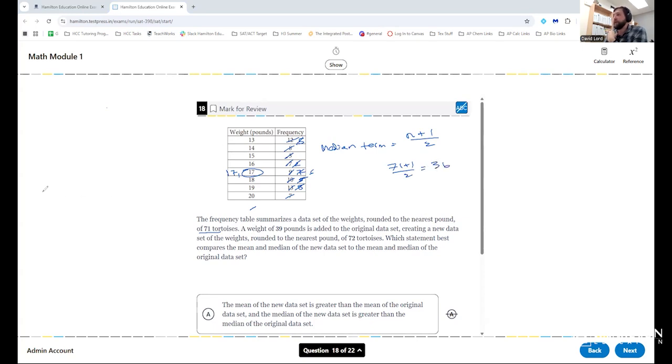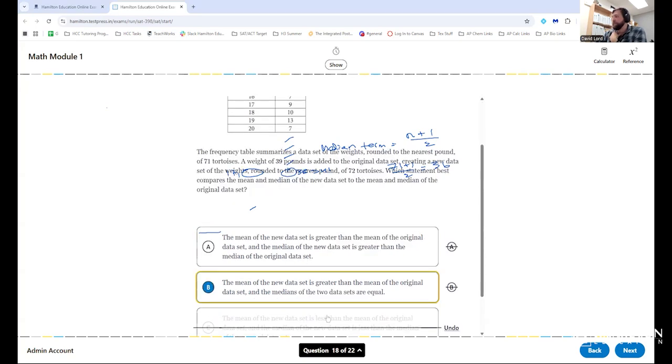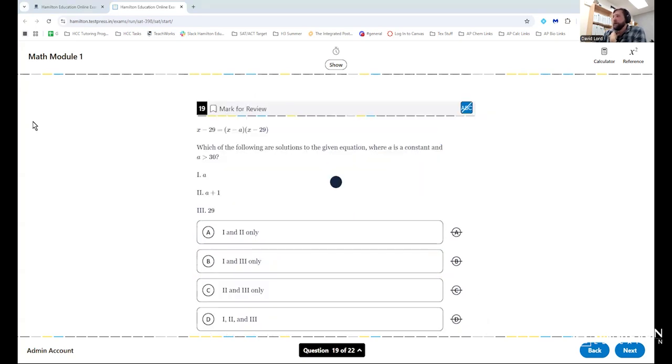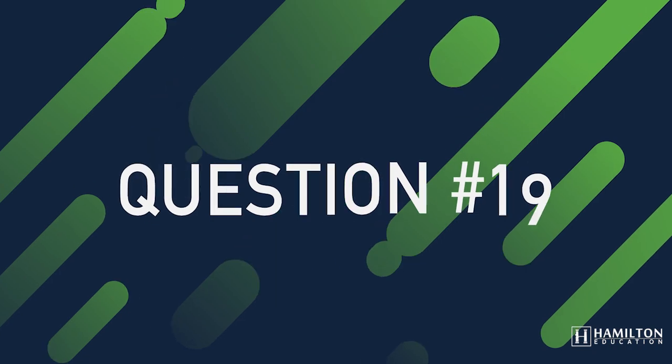So instead of counting, what I could have done is count to 36 from either side. So this is 12, 20, 25, 32. All right, so this is 33 to 41, which includes the 36. And so that is another way to determine the answer, which is why it is B.